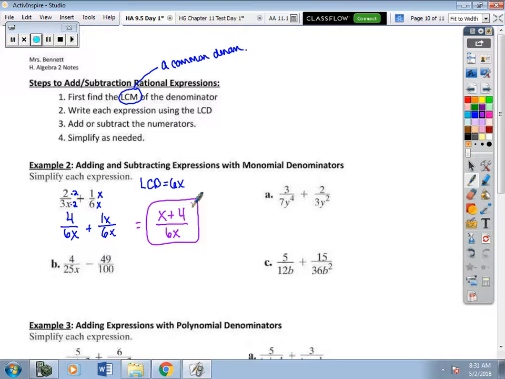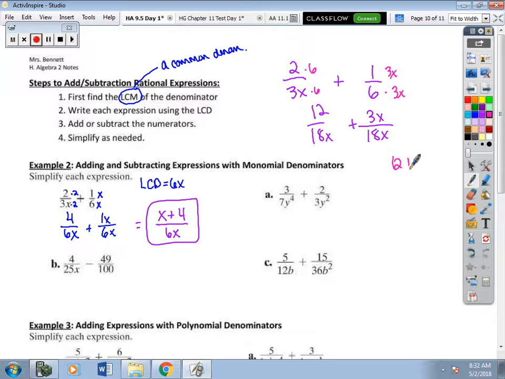Now, if you were to do the non-least common denominator, so let me just show it. If you were to multiply this by 6 and multiply this by 3x, so if you just found a common denominator, you would end up getting 12 plus 3x over 18x, and most of you would probably make the mistake of leaving your answer like that.